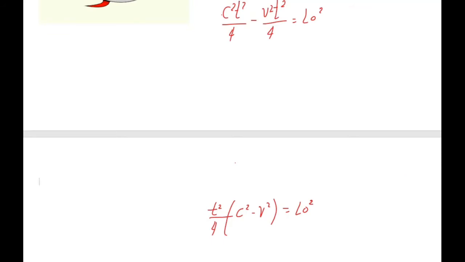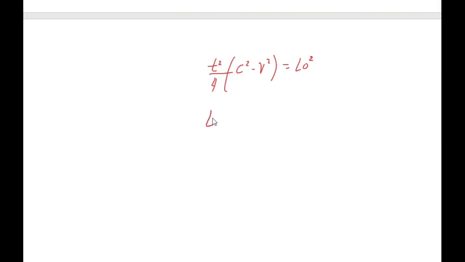So let's just continue solving this. T squared is equal to, okay, let's multiply everything by 4 and then divide it by c squared minus v squared. So we now have here t squared is equal to 4 L naught squared divided by c squared minus v squared.